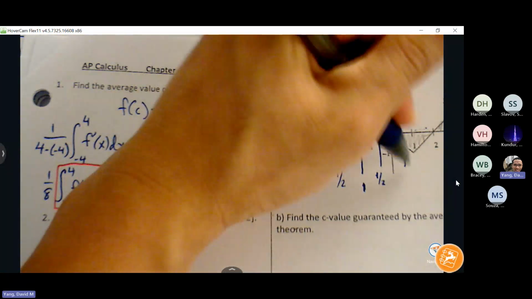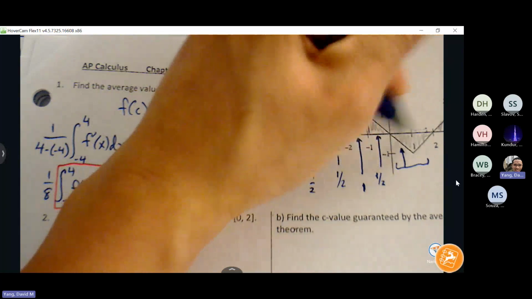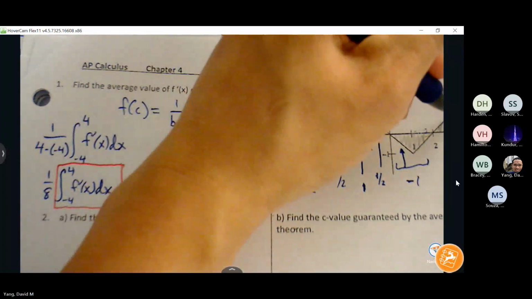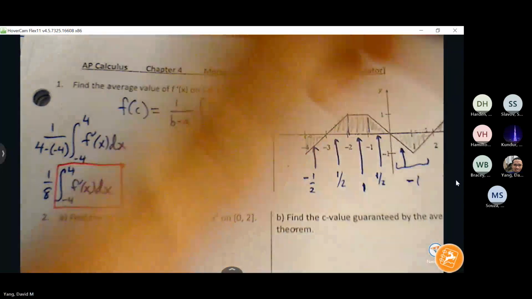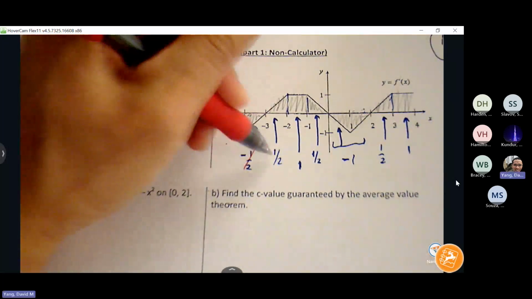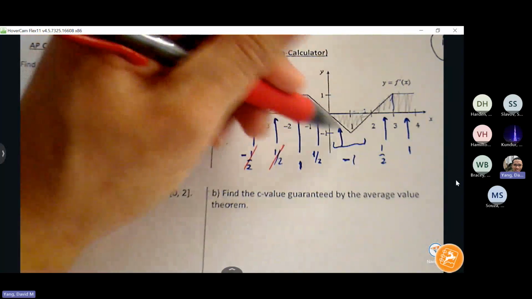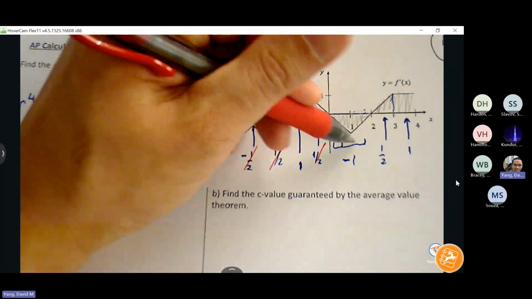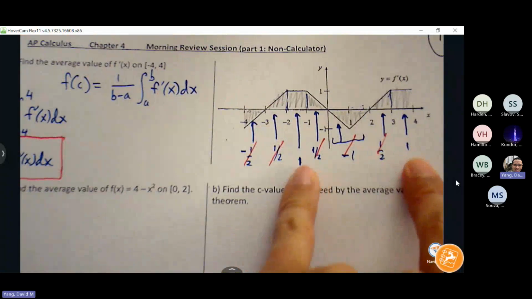Here, I'm just going to combine this region, 1/2 base times height. This is all going to be -1. This is 1/2. This is 1. So these cancel out. 1/2, -1, and 1/2. These cancel out. So I'm just left with 1 plus 1, which is 2.